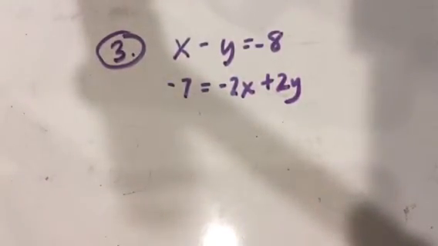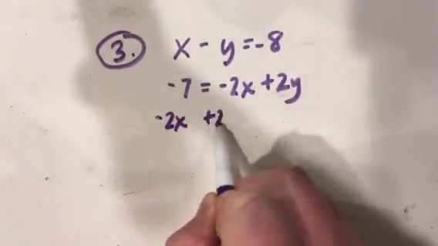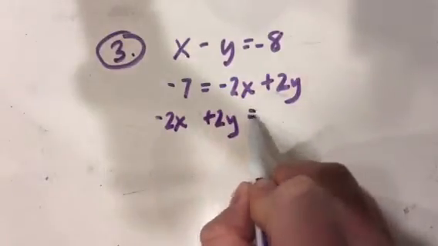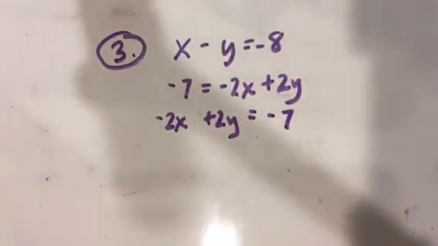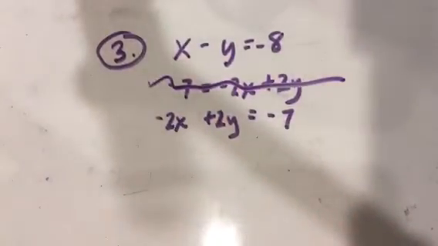Now this one is kind of weird looking, but I'm actually allowed to turn that second equation all the way around. It's called the symmetric property. Which means now, if I get that first one out of my way, we actually are lined up.